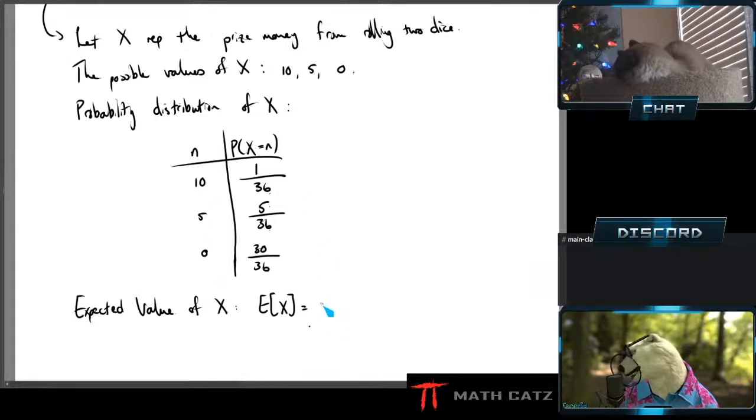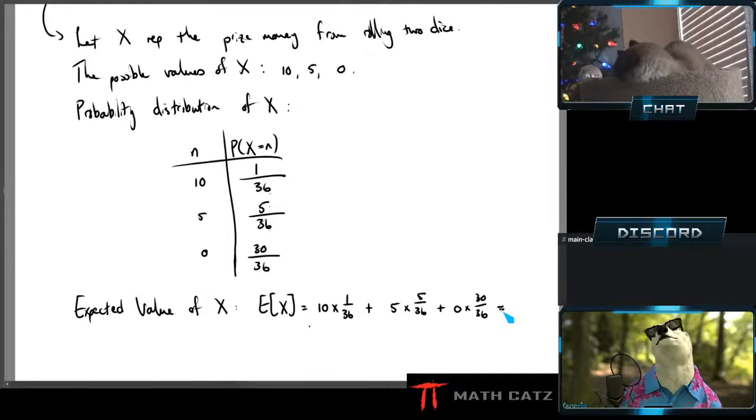Very simple calculation. Take each of the possible values of X one at a time and multiply with the associated probability. Then I'll take the next one, multiply by its associated probability, take the next one, multiply by its associated probability, and I'll get an answer.